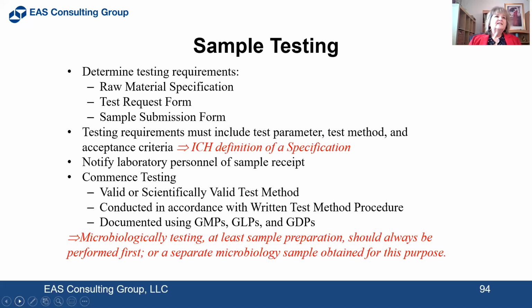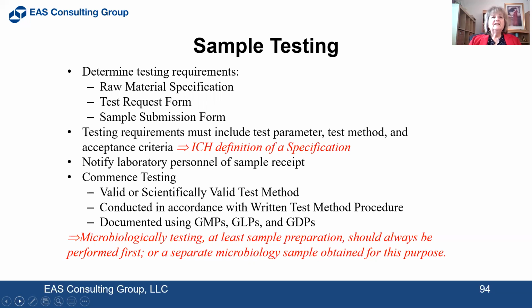So for sample testing, you're going to determine the testing requirements: a raw material specification, your test request form, your sample submission form. Testing requirements must include a test parameter, a test method, and your acceptance criteria. And that is the ICH definition of a specification. You will notify laboratory personnel that the sample has been received, and then you commence testing.